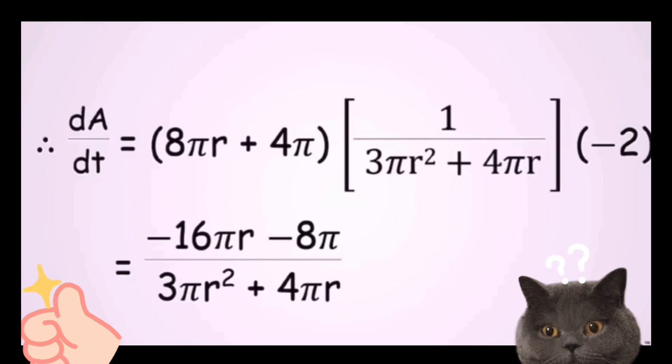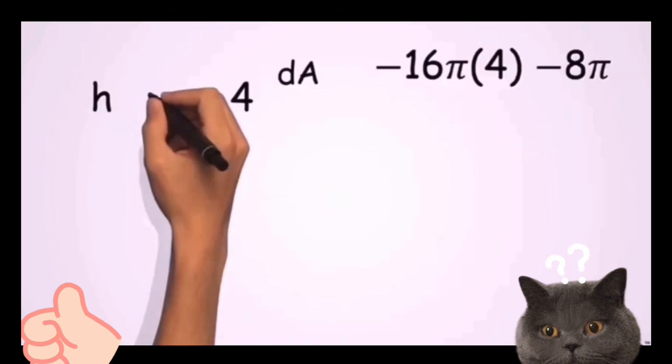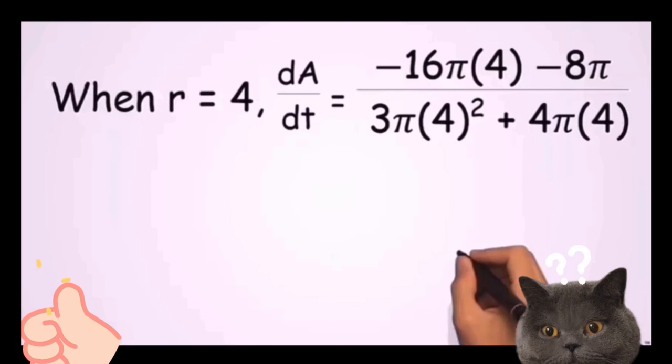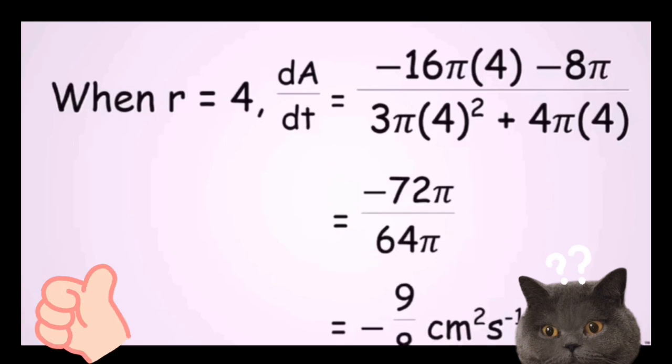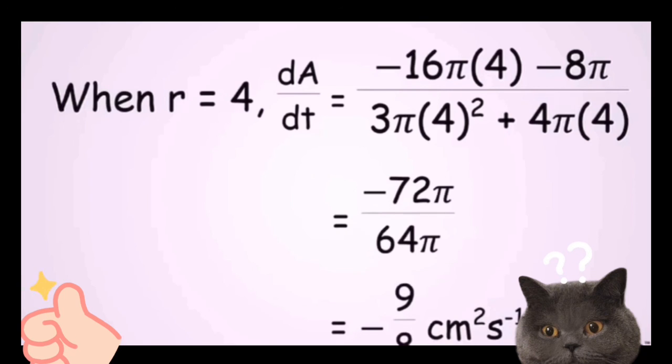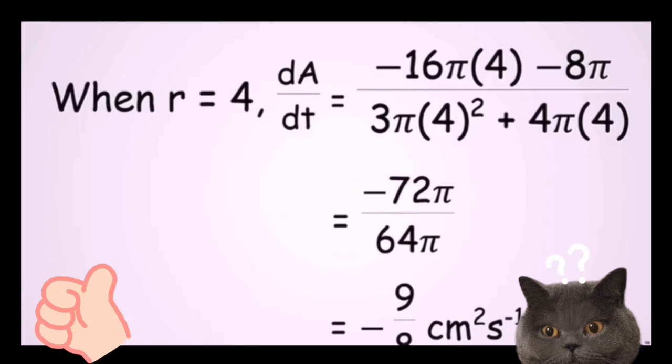After replacing the values, the answer for dA over dt is -16 pi r plus 8 pi over 3 pi r squared plus 4 pi r. So just replace the value of r with 4, and the final answer we get is -9 over 8 cm squared per second.